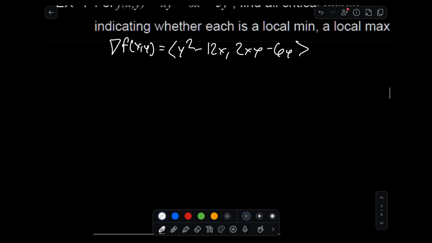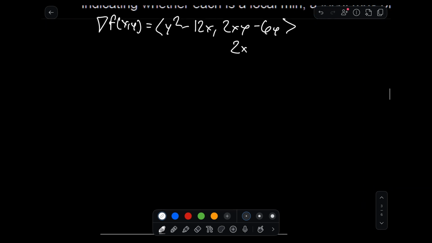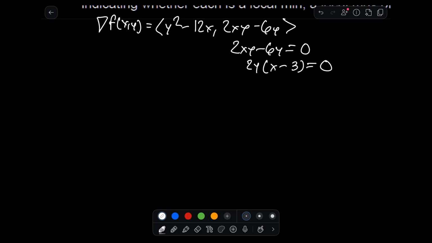So let's start off by using this one because this one looks easier to solve for. So you have 2x, actually, no, we want to factor out the y. 2y times (x minus 3) equals 0, so we know that y equals 0 or x equals 3. That works for either one.